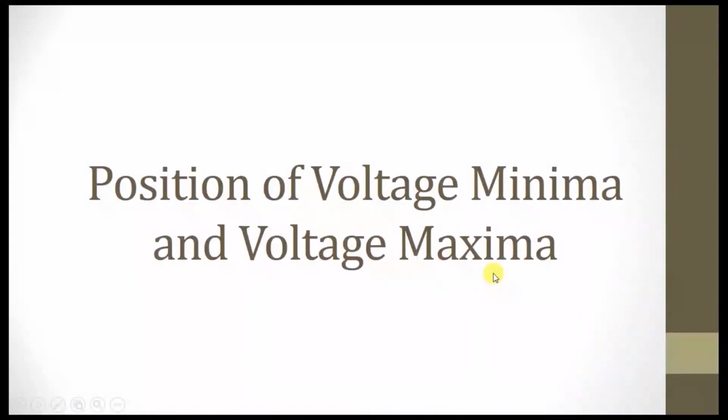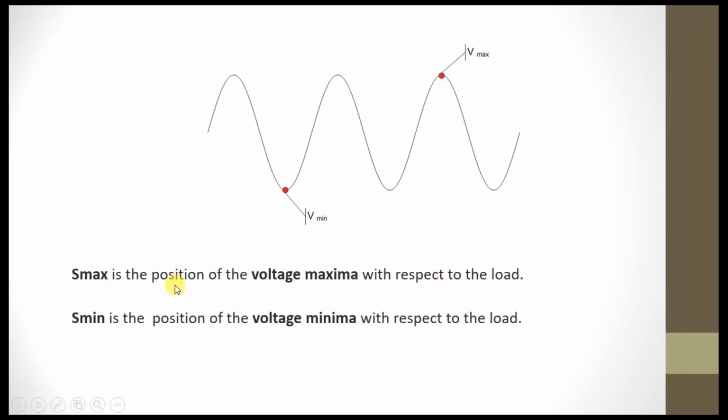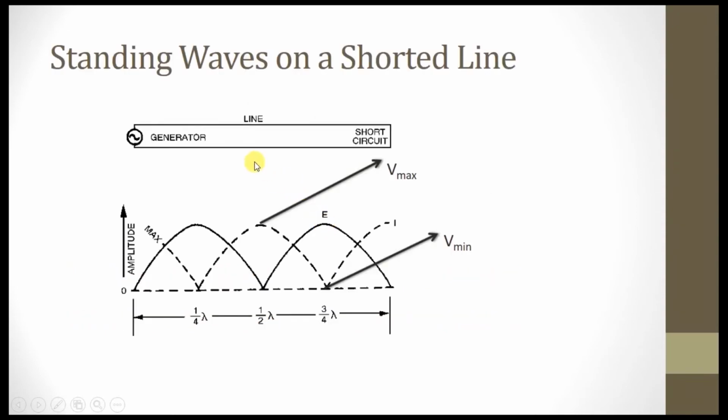My name is Julia Regala and I will be reporting about the position of voltage minima and voltage maxima. S max is the position of the voltage maxima with respect to the load, and S min is the position of the voltage minima with respect to the load. In this figure, we have a sine wave generator connected to a short circuit.